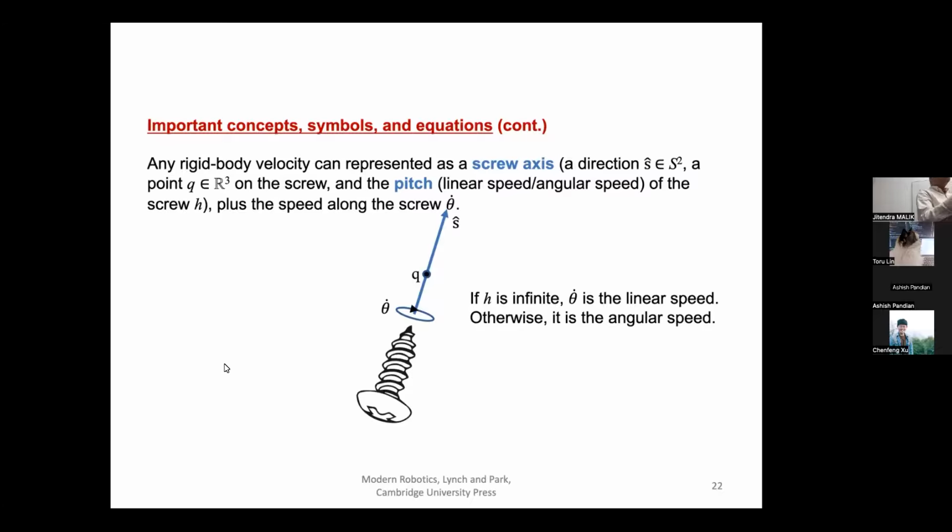So a screw motion has 6 degrees of freedom, 4 corresponding to where you situate the screw as a line, 1 corresponding to the pitch of the screw, and 1 is the amount of screwing that you do. So at least there is a sanity check that rotations and translations add up. Those must have 6 degrees of freedom, and this is a way to specify 6 degrees of freedom.